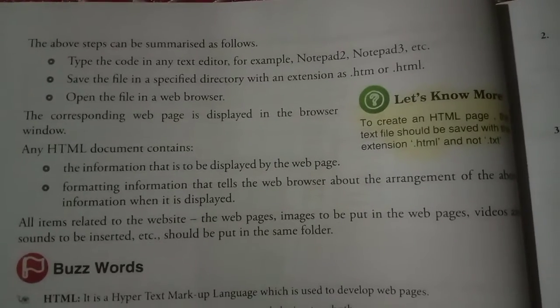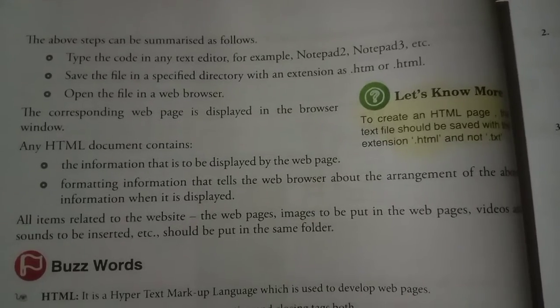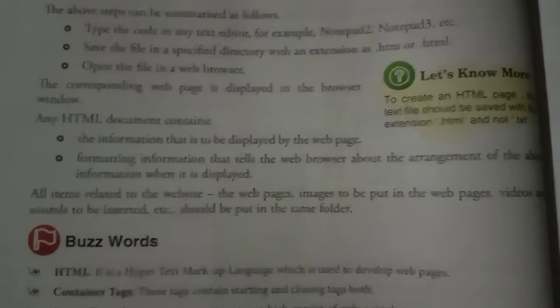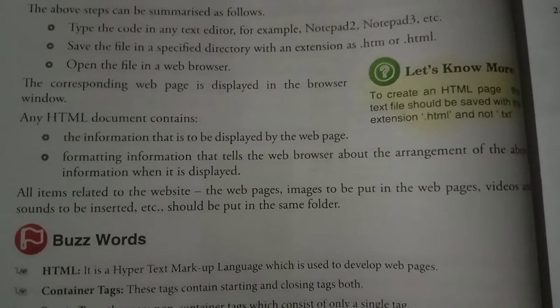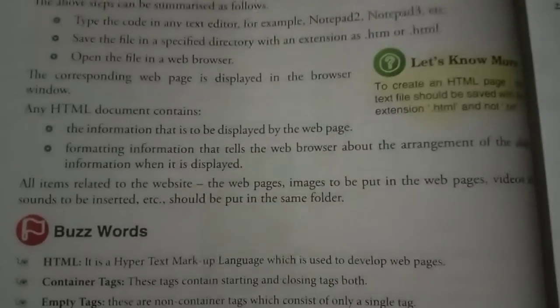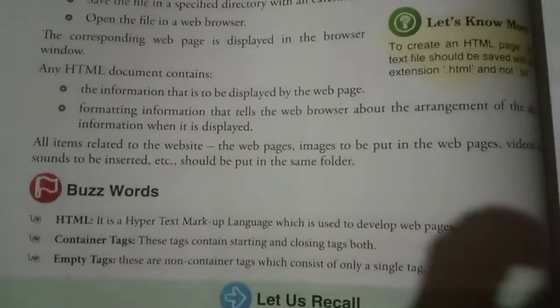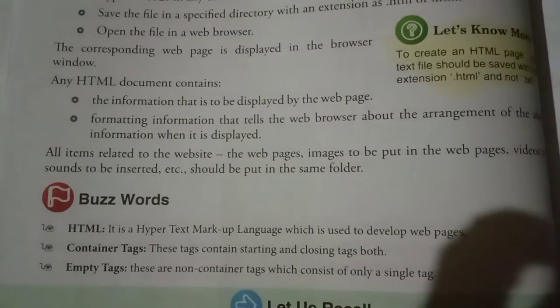Save the file in a specific directory with the extension .html. Either you have to save that file as .html or .htm. Open with the web browser. Whenever you want to open that file, you have to open it through a web browser. The corresponding web page is displayed in the browser window.